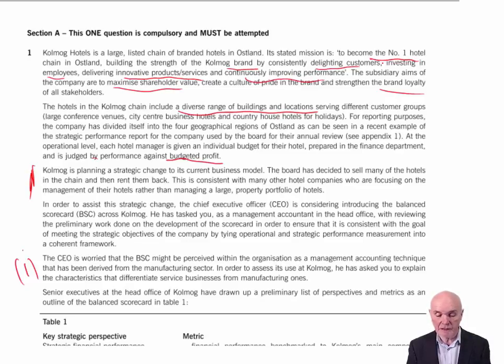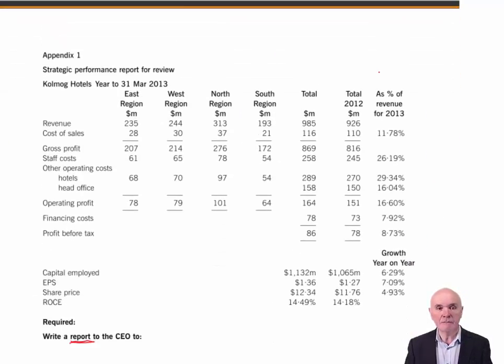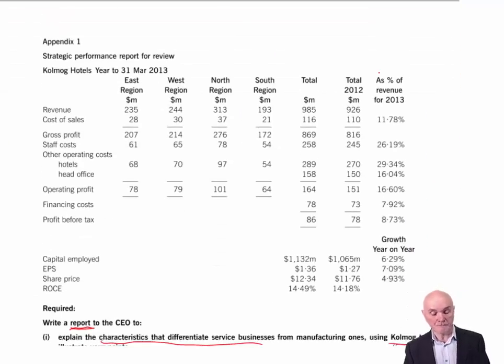Subsidiary aims of the company are to maximize shareholders' value and to create pride in the brand and strengthen brand loyalty. And really, only one of those has been addressed in the current performance report, because it is all financial.